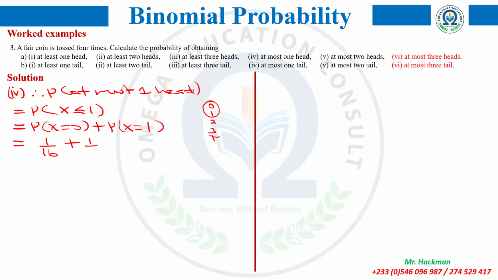So this gives us our final result to be equal to 5 over 16, just like the other one.